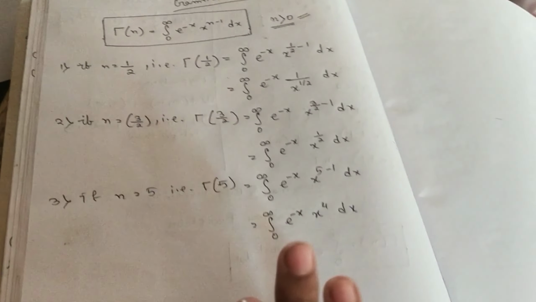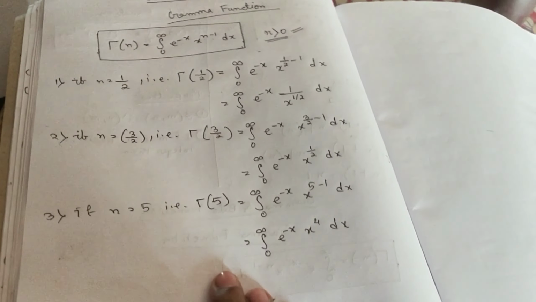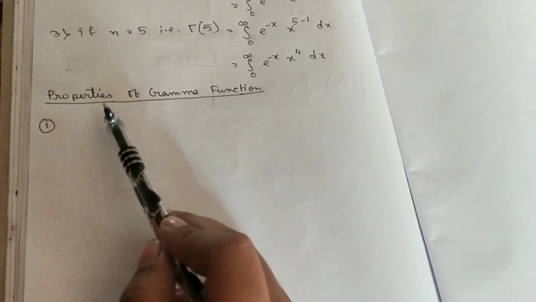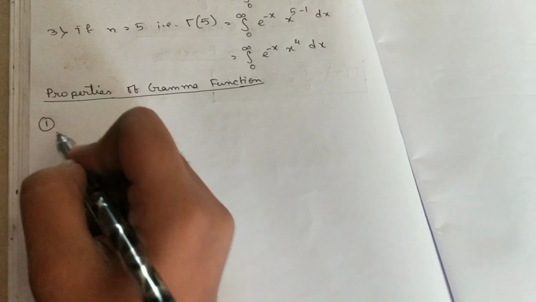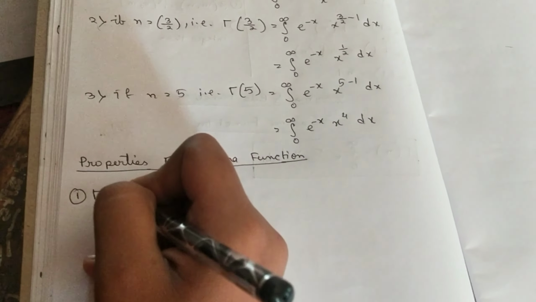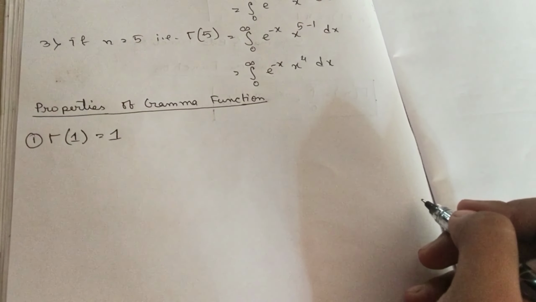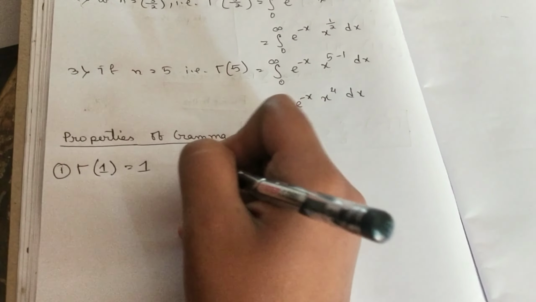Now let's talk about properties of this function, which is very important for doing the sums. Okay, so properties of gamma function. Property number 1 is gamma 1 equal to 1. Suppose let's take an example here.